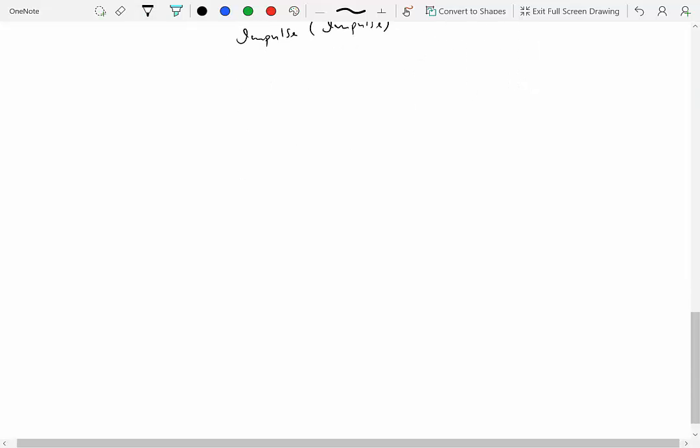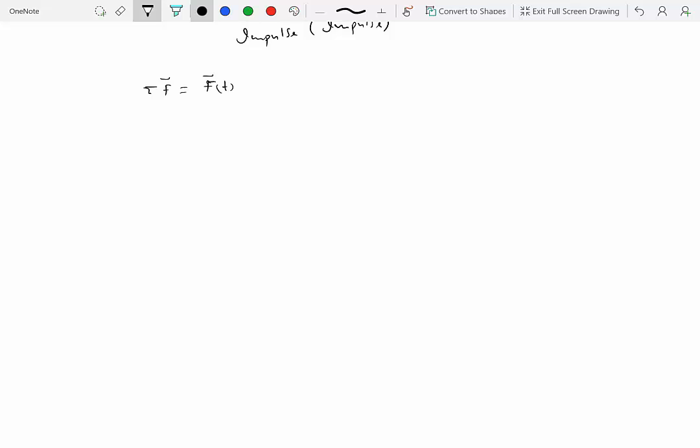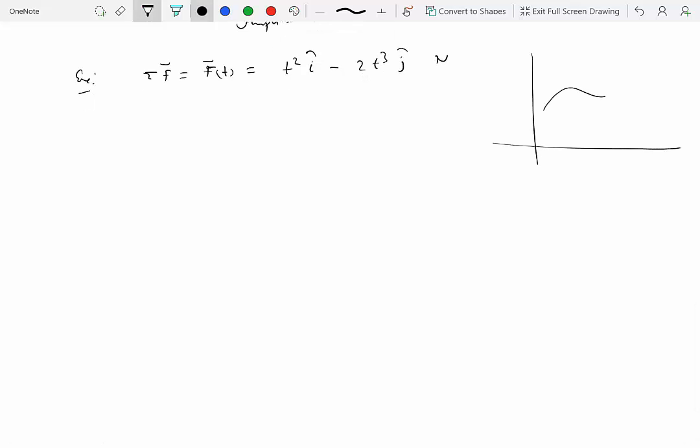Now, if you know sigma f, or f let's say, as a function of time, let's say we are given t squared i hat minus 2t cubed j hat newtons, this is an example. So if you know the function of the force, it might look something like this.